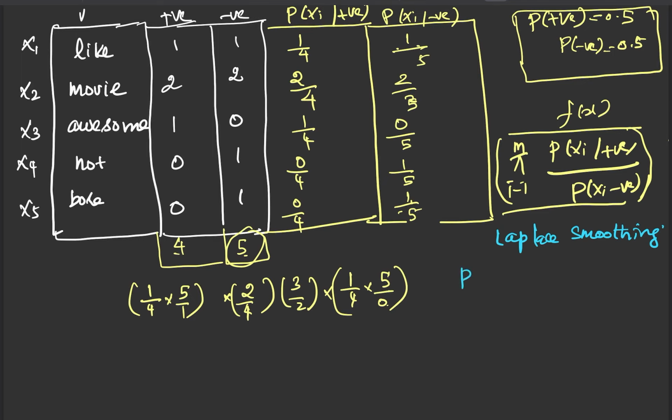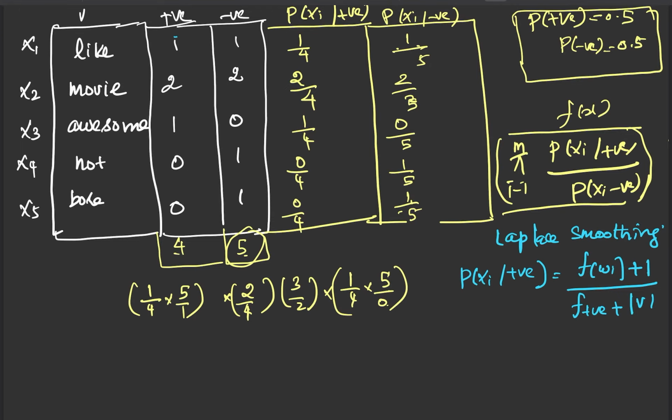The probability of xi for positive is rewritten as the frequency for word i plus 1, just add 1 in the numerator, and in the denominator, what is the denominator? Here the total number of words for the positive class, plus the size of the vocabulary.